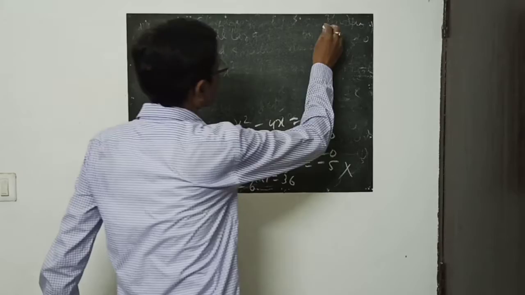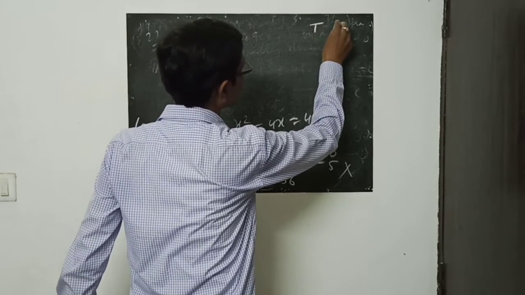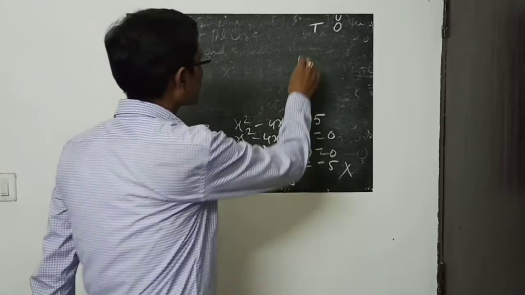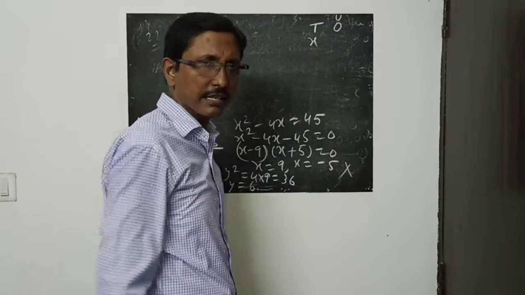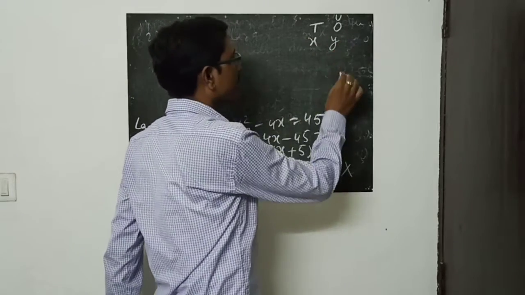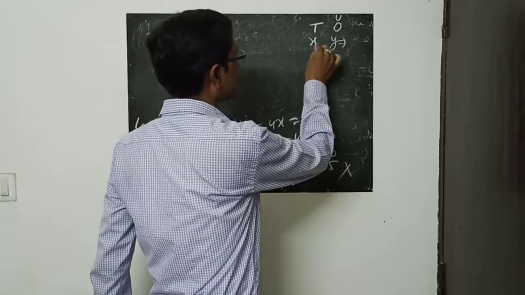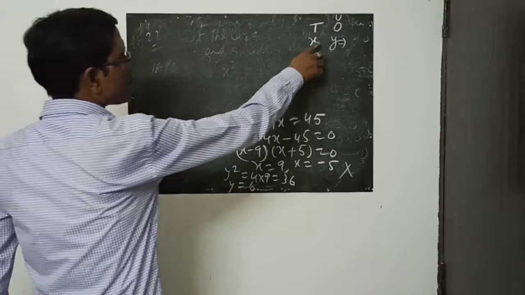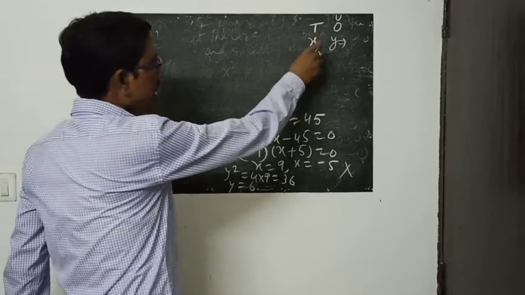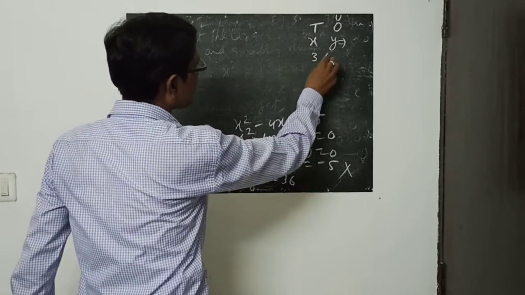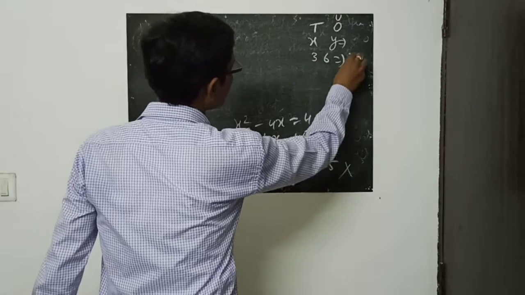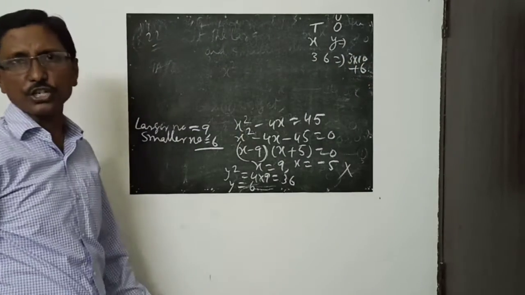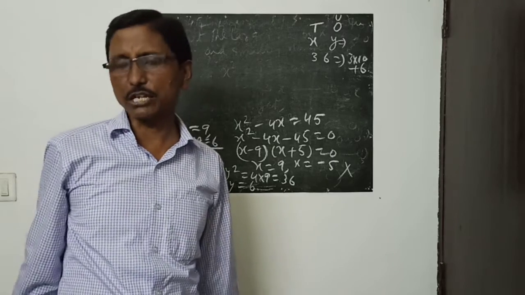So a 2-digit number means you will have 2 digits, the ten's digit and the unit digit. So suppose the ten's digit be x and the unit digit be y, then what is the process to write the number? Just suppose you have 36, what we can write? 3 into 10 plus 6. So in this form it will be written 10 into x plus y.